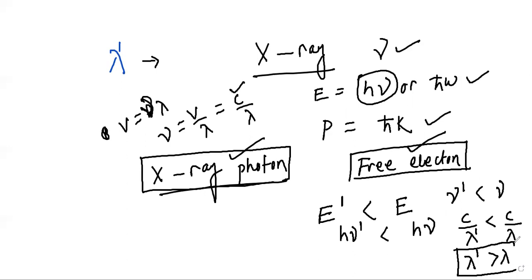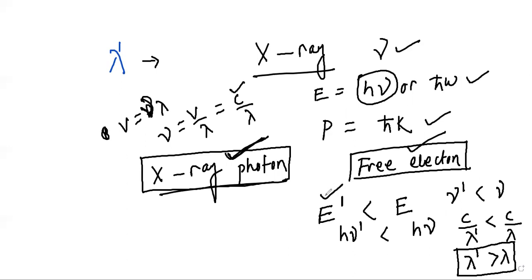So this is a simple explanation, just by considering the particle nature of the incident electromagnetic radiation, the X-ray. Considering it to be a photon and its interaction with the electron as an elastic collision, some amount of energy is lost by the X-ray photon to the electron.